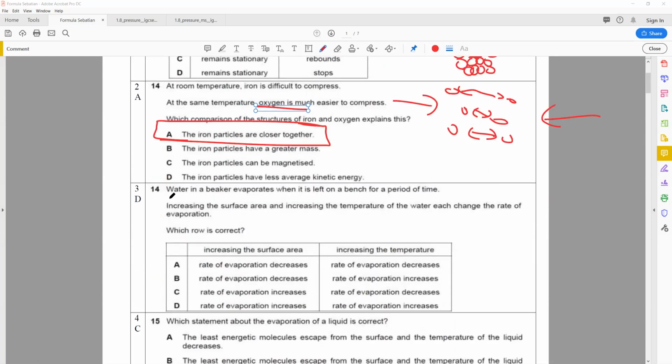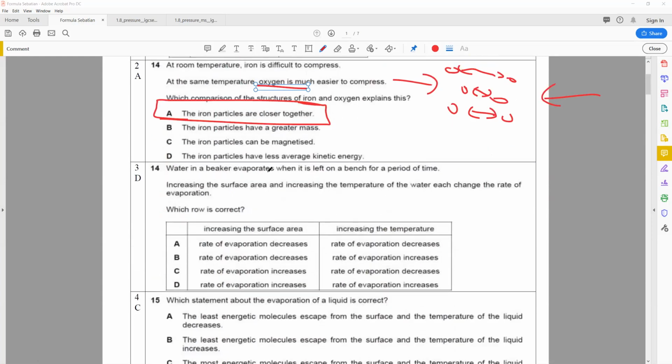Then after that, the third question. Water in a beaker evaporates when it is left on a bench for a period of time. Increasing the surface area and increasing the temperature of the water, each changes the rate of evaporation. Which row is correct? In this case it is supposed to be D: the rate of evaporation increases. Why?